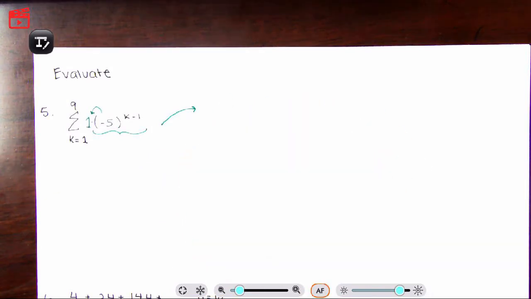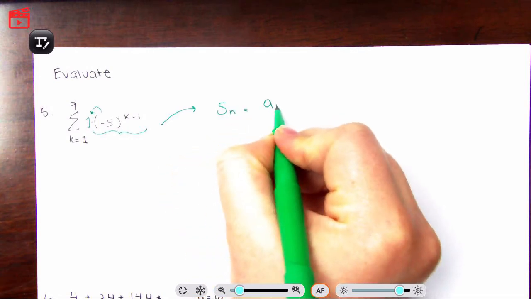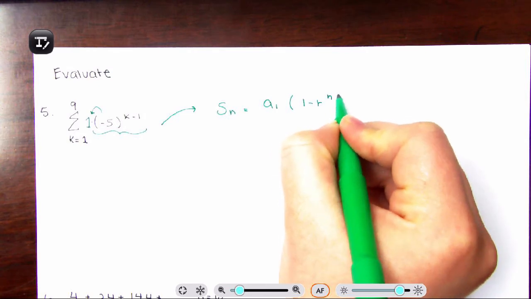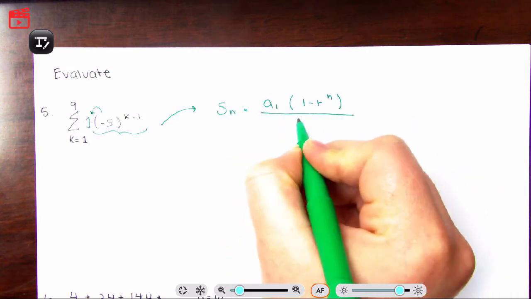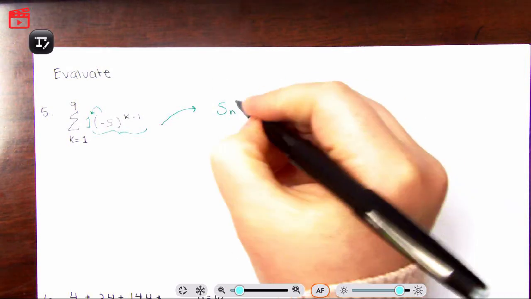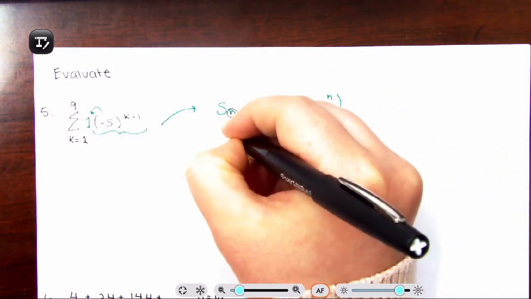So I'm bringing up my other formula, and my other formula says S sub n is equal to a sub 1 times 1 minus r to the n power divided by 1 minus r. Now keep in mind, this is your position number, your total position number of terms.